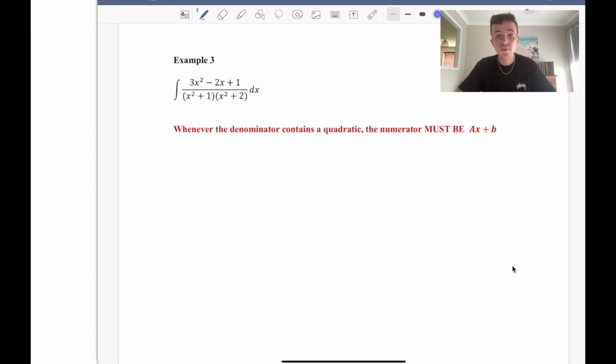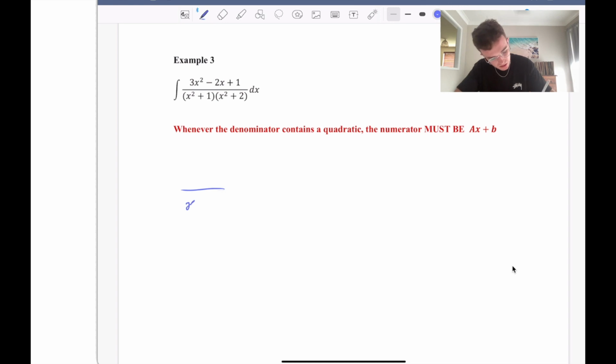Okay. So example number 3 is a bit different because now we've got quadratic things on the bottom. The problem with this question is that we're not just going to split it up into basic things. So the numerators of each of these must be ax plus b, because we need to somehow get x squareds on the top and individual x's on the top.